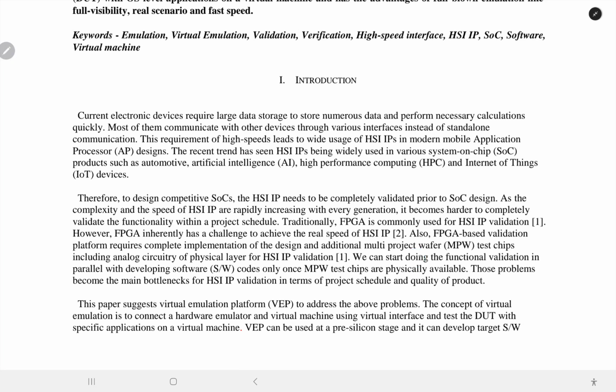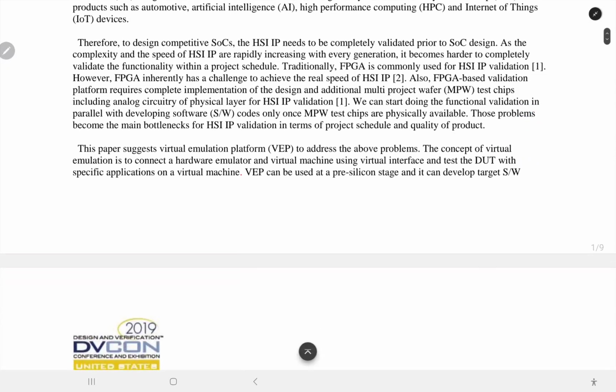We can start doing the functionality validation in parallel with developing software only once MPW test chips are physically available. Those problems become the main bottlenecks for HSI IP validation in terms of project schedule and quality of product. This paper suggests the Virtual Emulation Platform (VEP) to address the above problems.